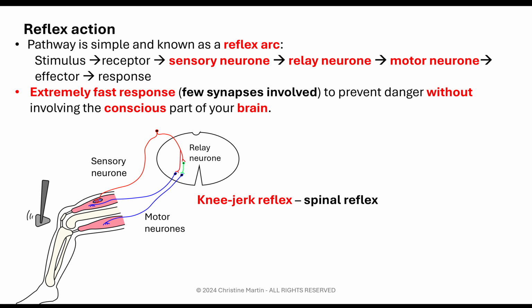The relay neuron will then pass that on to the motor neuron, and the motor neuron will pass that on to the muscles, and the muscles will then do the response where they will either contract or they could relax, depending on what is needed and what that response was, that signal that was being passed on.